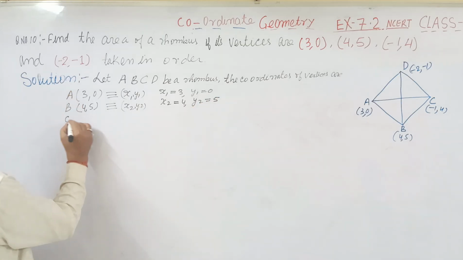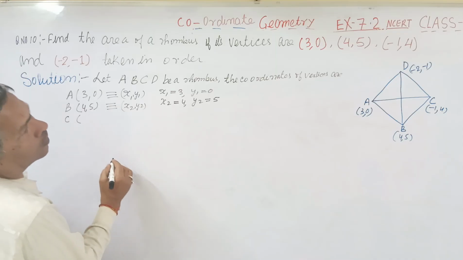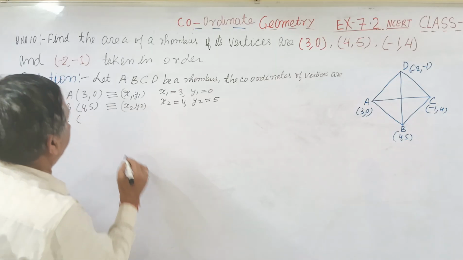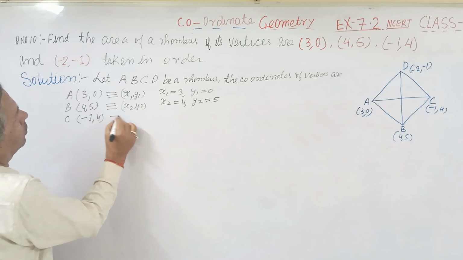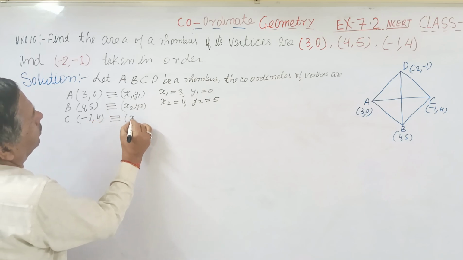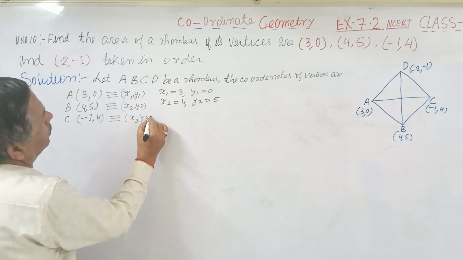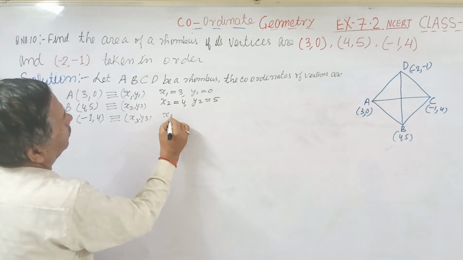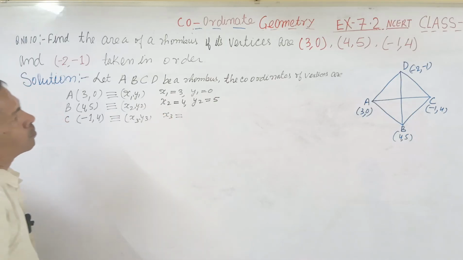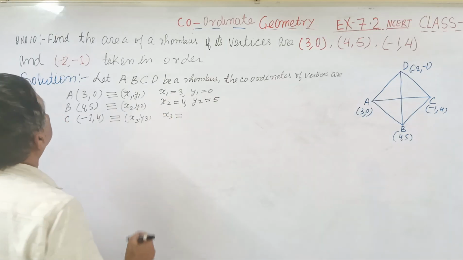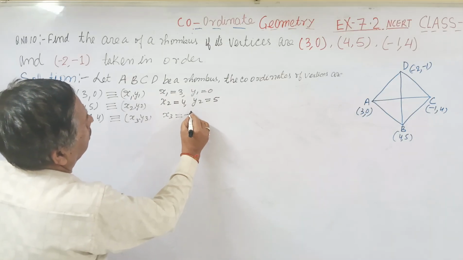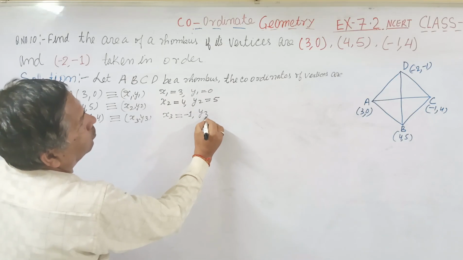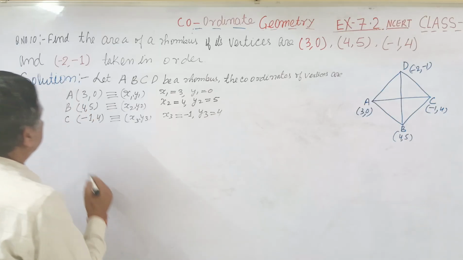Then vertex C is (-1, 4), that is (x3, y3), so x3 equals -1 and y3 equals 4.